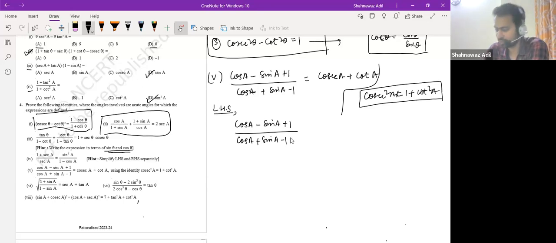This is a very big expression, right? So how can we simplify this LHS? Any idea? Anything that is coming into your mind, Shaima?